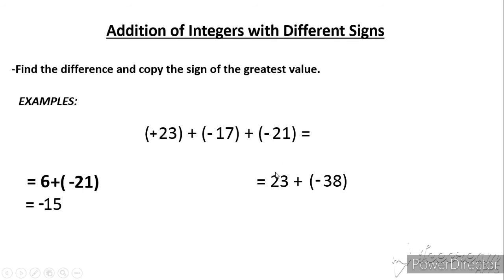And then 23 is positive, 38 is negative. You have to subtract because different sign or unlike sign, and the result is negative 15, because 38 minus 23 is 15. Then the sign of 38 is negative, so you have to copy the sign of negative, so the result is negative 15.